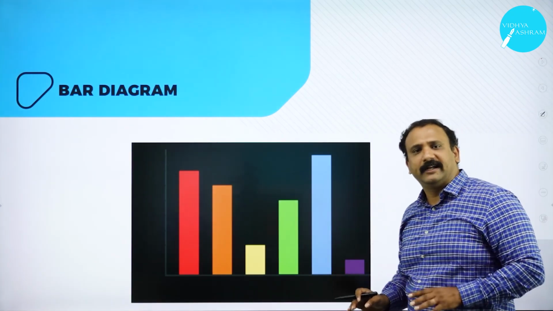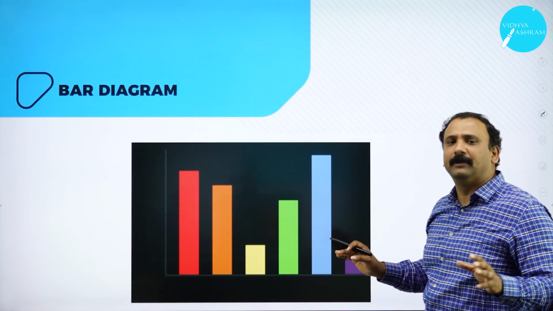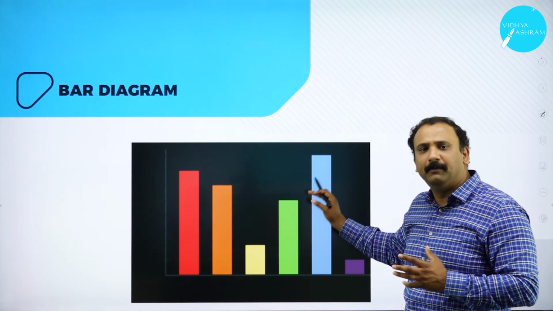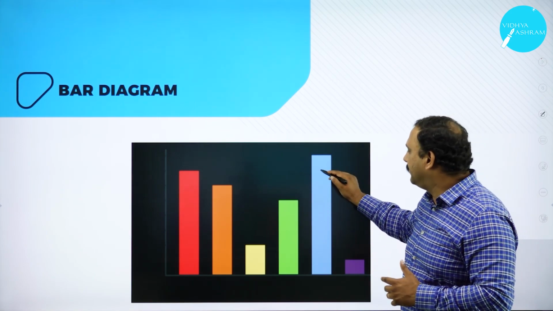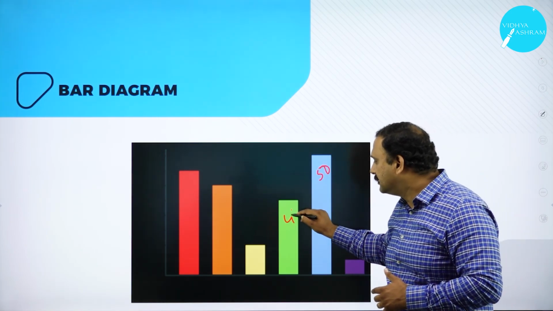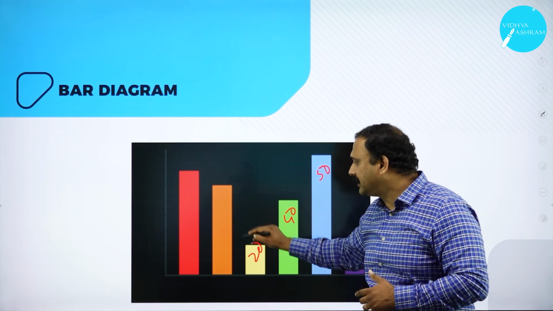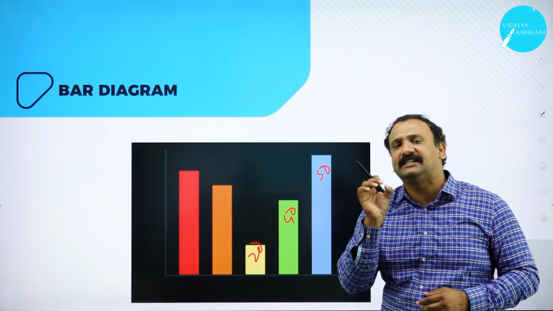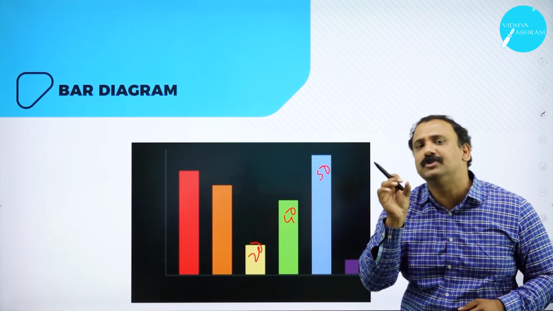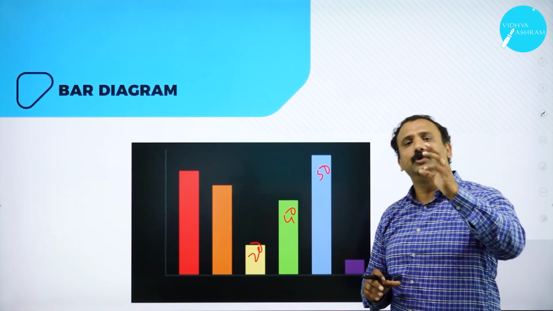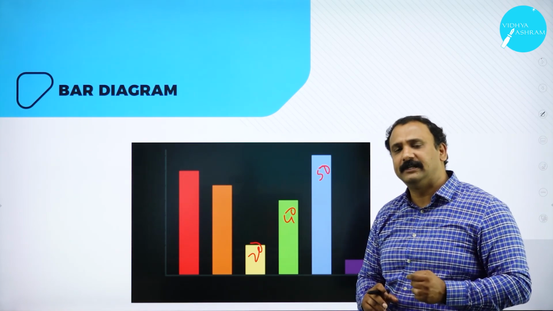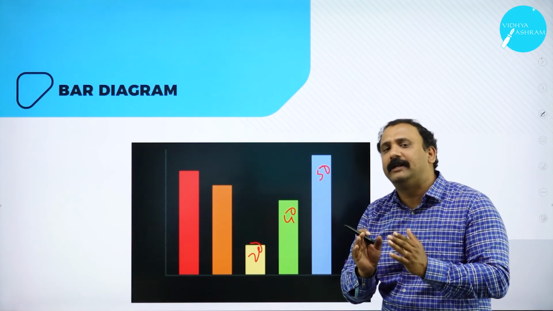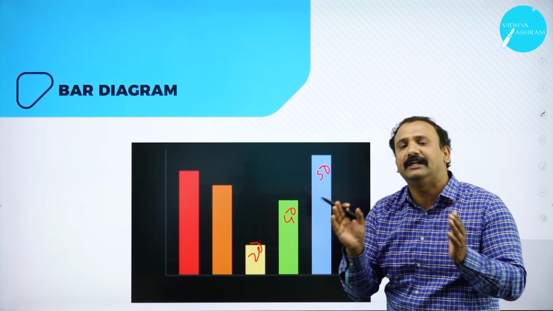Now if you just look at it, it's a very colorful picture with multiple colors trying to represent some number or some value. This might be 50, this might be 40, this might be a 20 or a 10, or some values like this. A bar diagram is an instance that is trying to represent an individual value altogether. You use a bar diagram to represent data when they are individual data and they do not relate to each other.